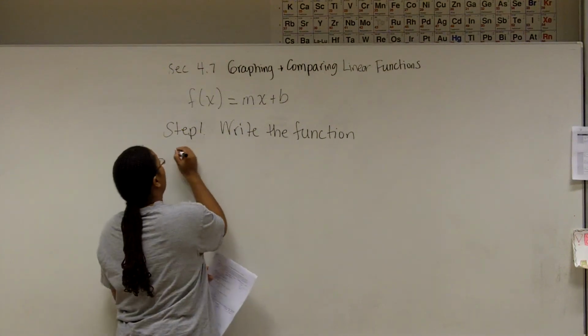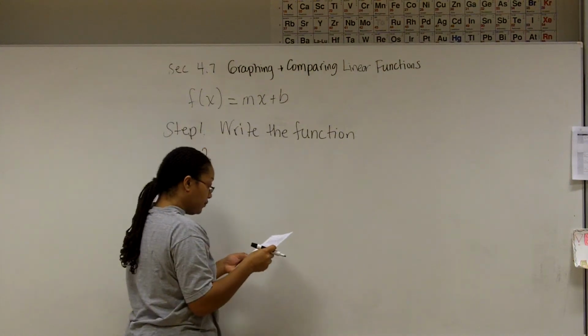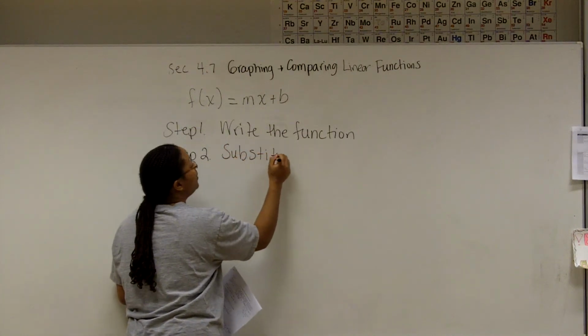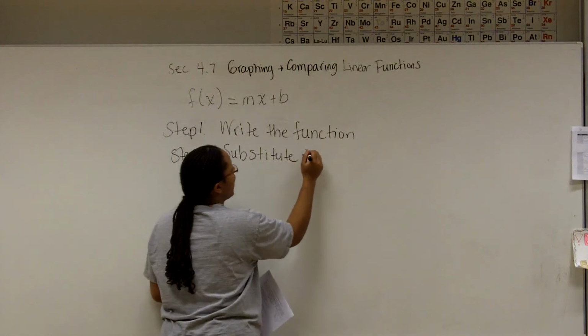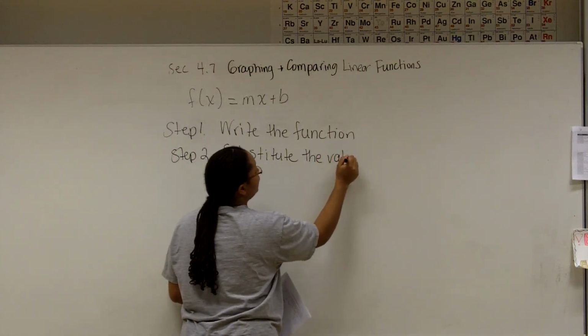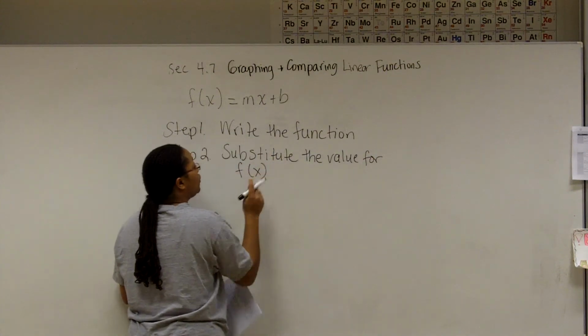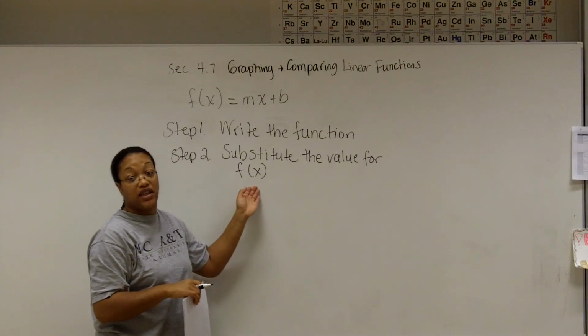Then, you're going to substitute in your value for f of x. They're going to tell you what f of x is. Substitute the value for the f of x. They're going to tell you that f of x is equal to 12 or 9 or 85 or negative 10.